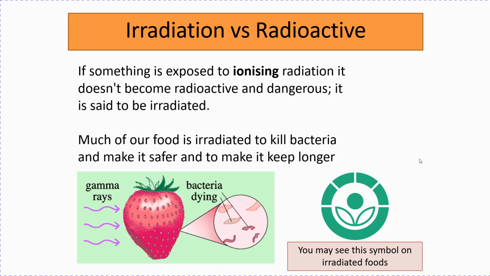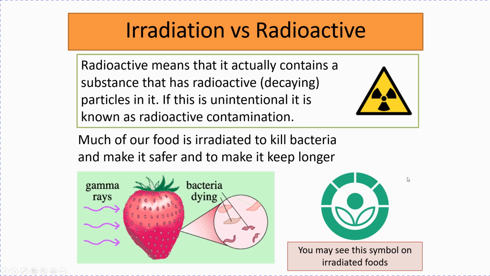Any bacteria that are on the surface of the strawberry are killed. So basically it preserves the strawberries and makes them last even longer. So this is one way that irradiation is used. Soft fruits, anything that rots very quickly, can be irradiated using radioactive sources.